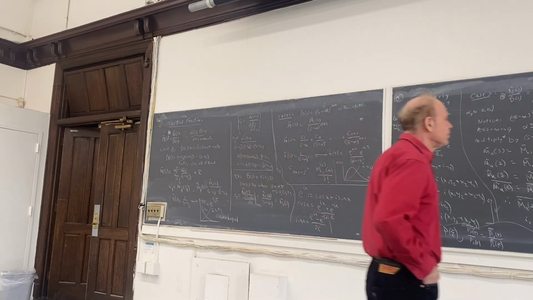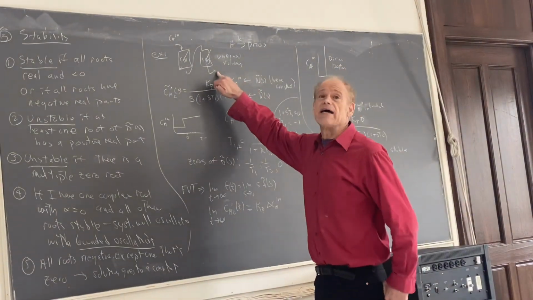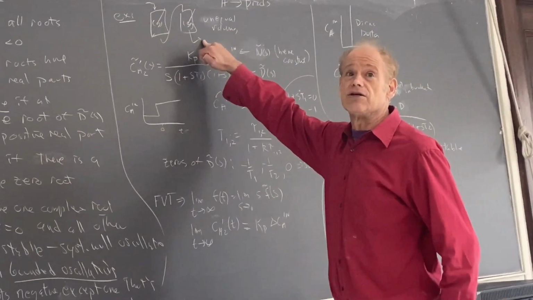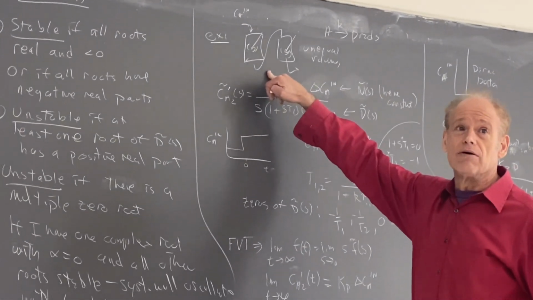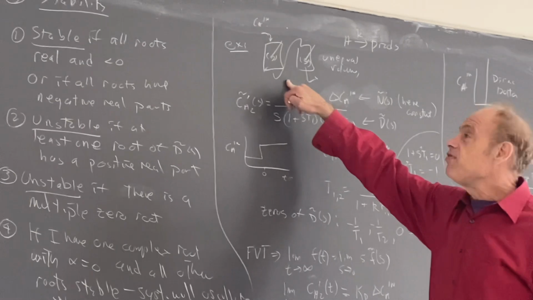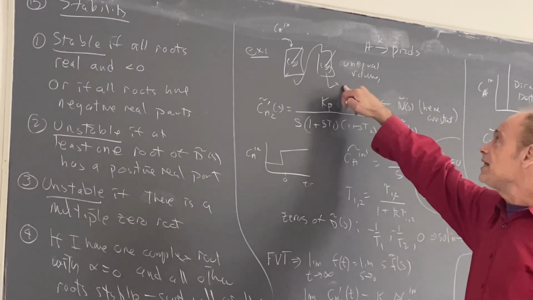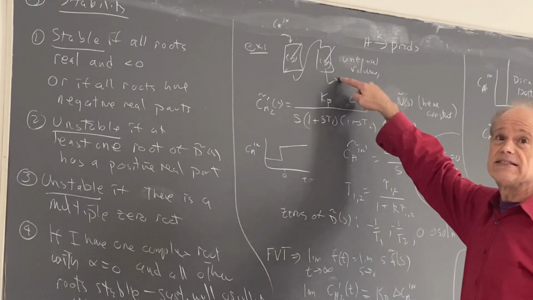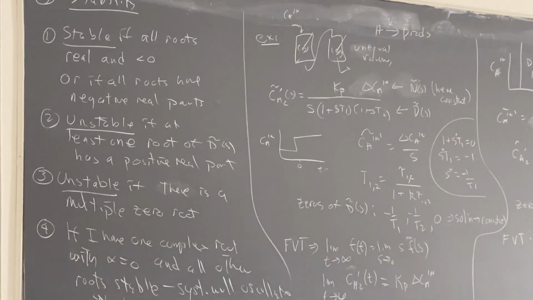So for example, here I have 2 CSTRs in series. What I'm really interested in is what comes out of the second CSTR. I'm only interested in what comes out of the first CSTR in that it influences what comes out of the second CSTR. But what I'd really like to know is what comes out of the second CSTR as a function of what comes in to the system.